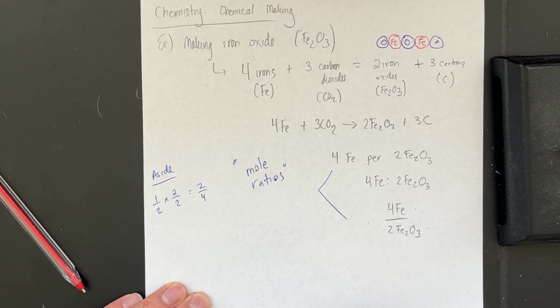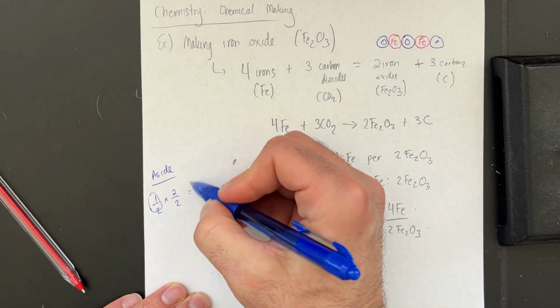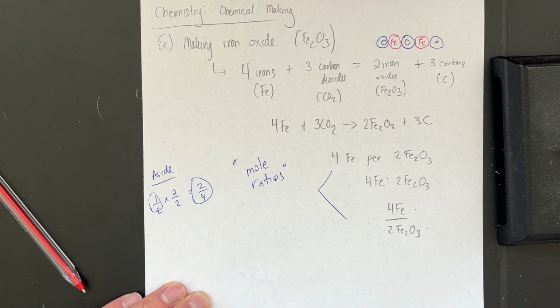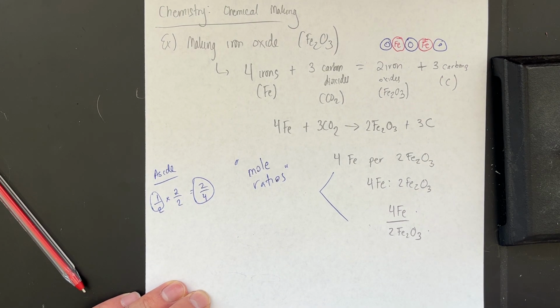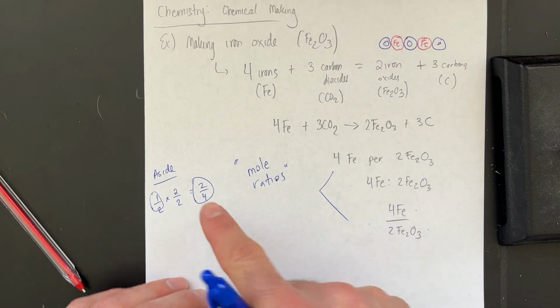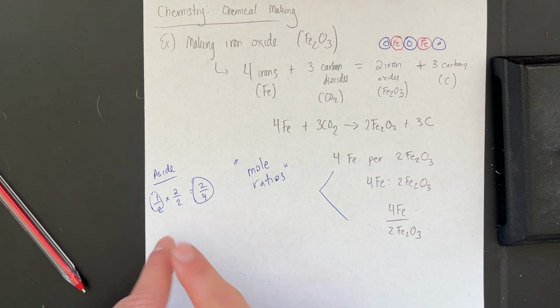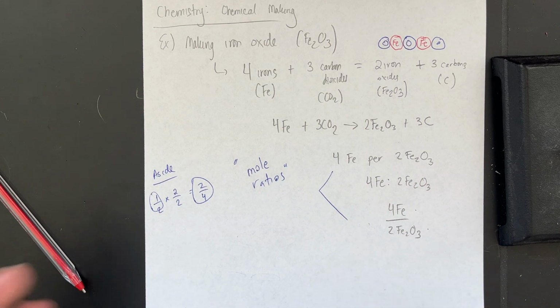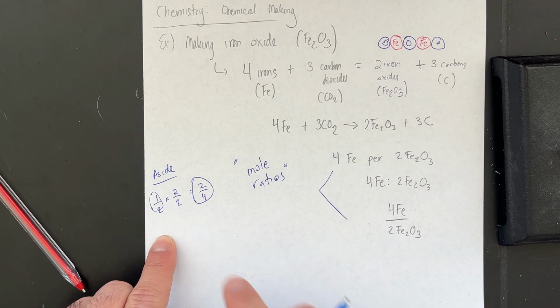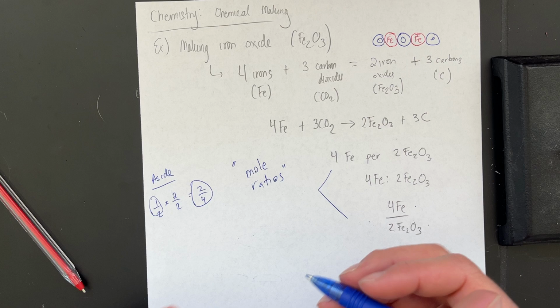We get 2/4. Are these ratios any different? Is 1/2 any different than 2/4? No, they're the same thing. If we simplify this, it becomes this, and if we scale this up, it becomes this. They're the same ratio. If you multiply both things by the same thing, you still have the same ratio.